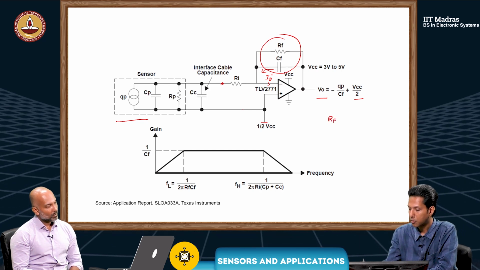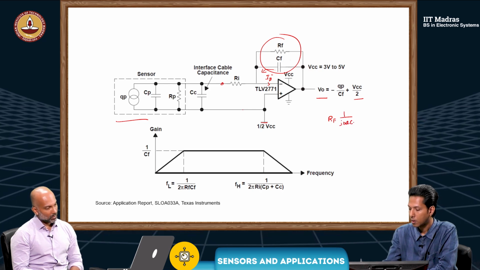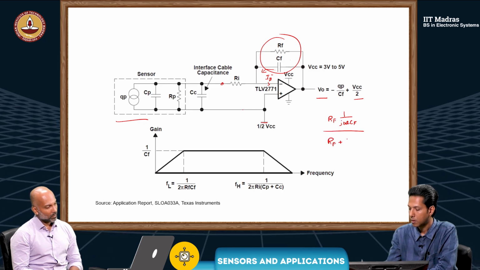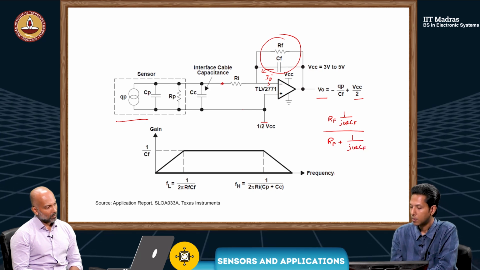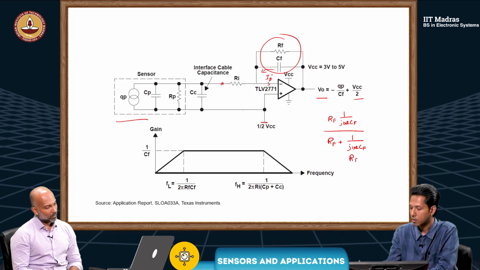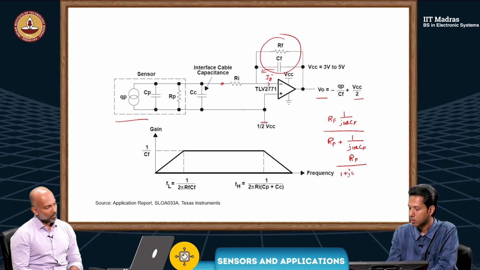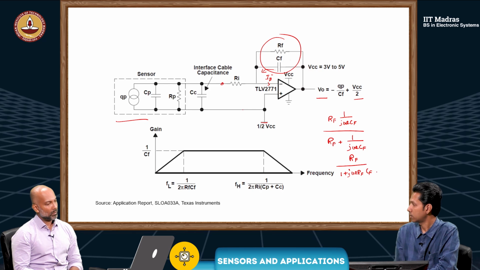So, RF into 1 by j omega CF, and j omega CF will get cut in the numerator. So, this will become something like this.